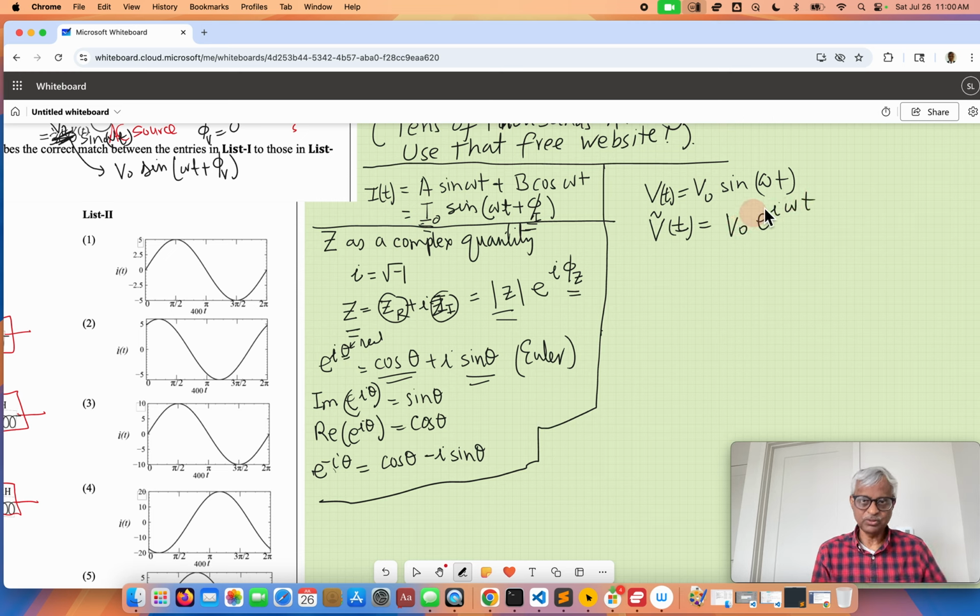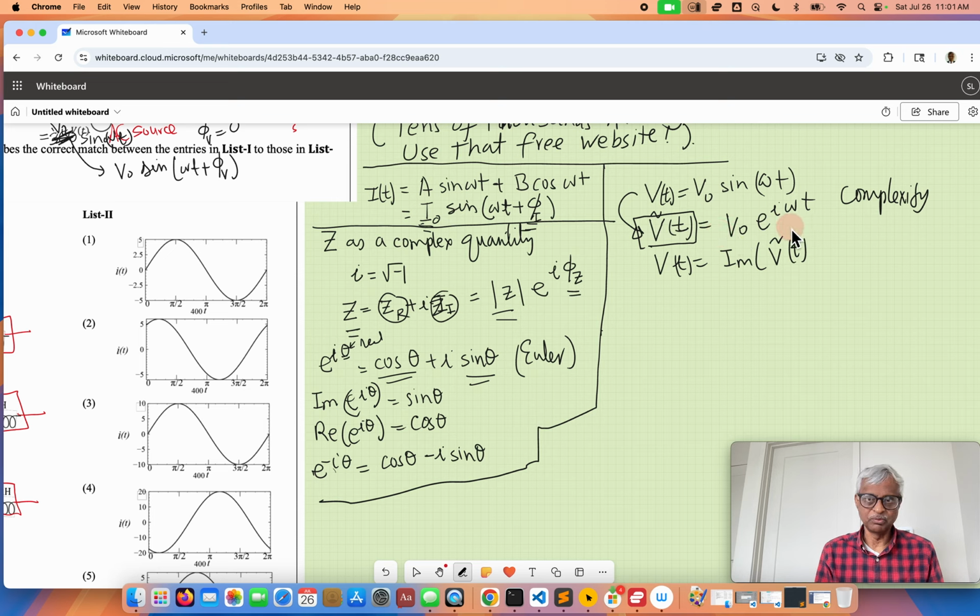I just complexify it, writing things this way. And if somebody gave me this, I can get my original one: v of t is just the imaginary part of v tilde of t. I can get back to the original just by capturing its imaginary part.